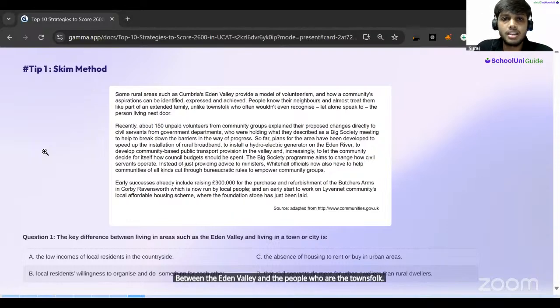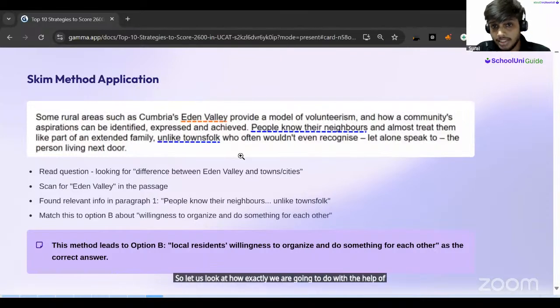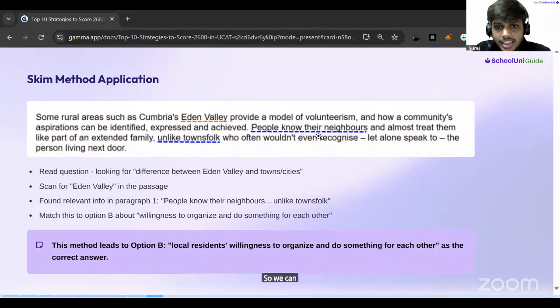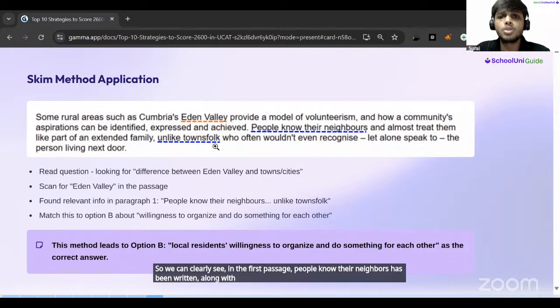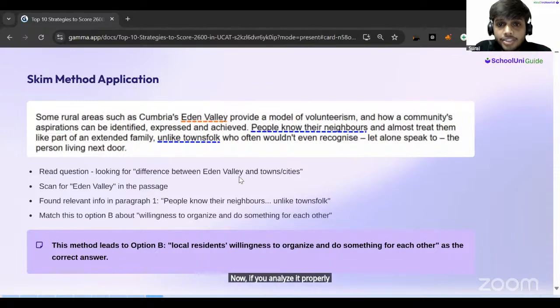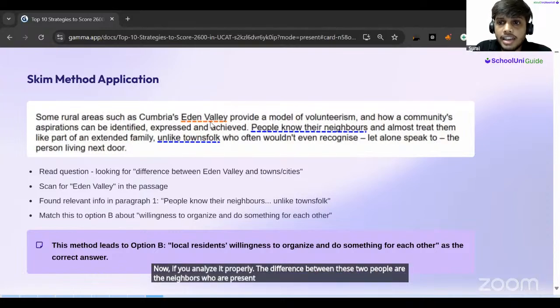So let us look at how we are going to do this with the help of the skim method. We can clearly see in the first passage, people know their neighbors has been written, along with unlike townsfolk in the same statement itself. That means our answer is hidden somewhere here. If you analyze it properly, the difference between these 2 groups is that the neighbors in the Eden Valley are closer than the people living in urban cities and towns.